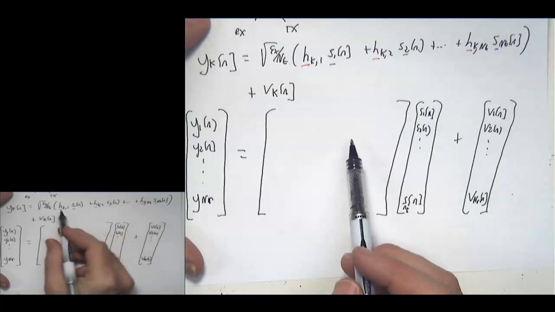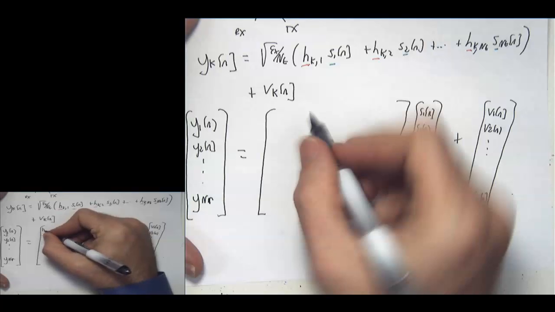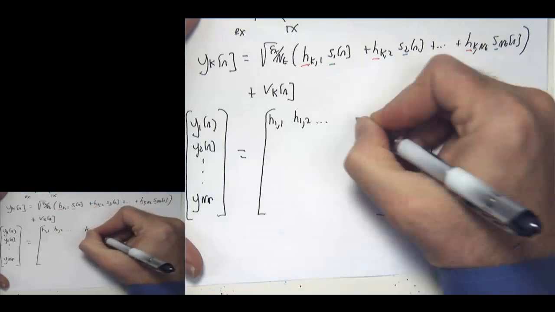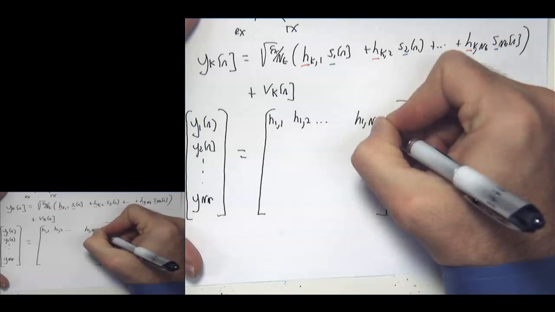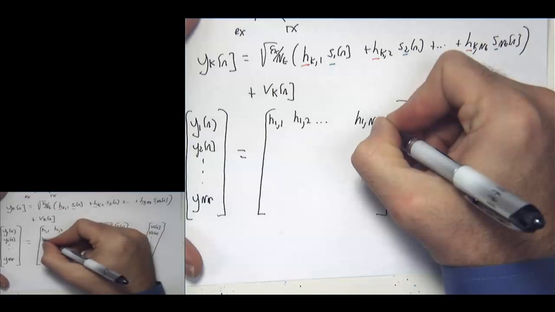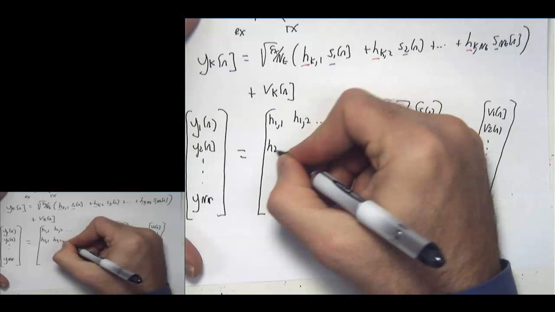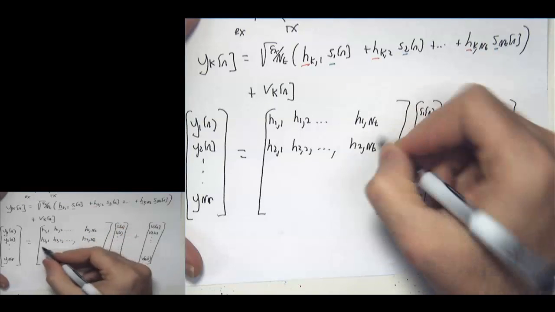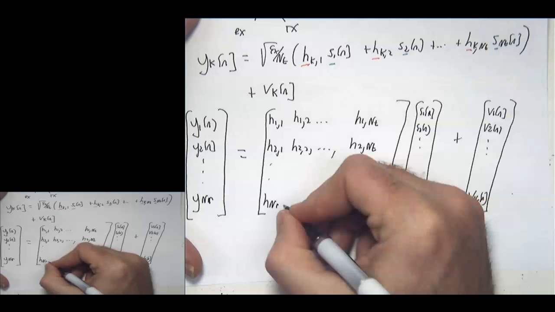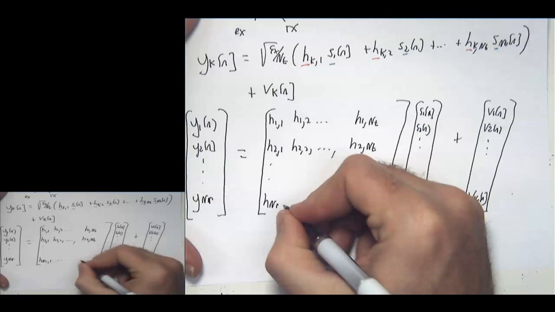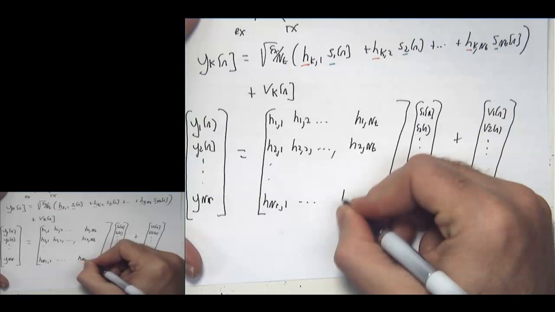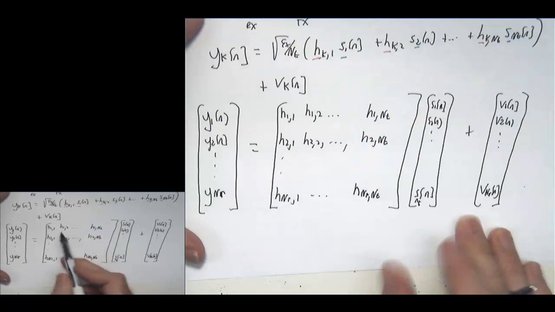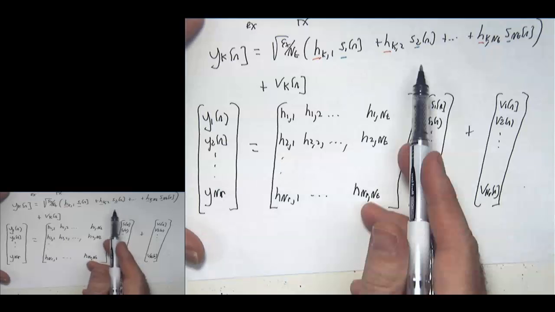So we start with k equals 1: h1,1, h1,2, dot, dot, dot, h1,nt. Continuing, h2,1, h2,2, dot, dot, dot, h2,nt, all the way down to h of nr,1, dot, dot, dot, h of nr,nt. So all we've done is take the channel coefficients and stack them into rows.